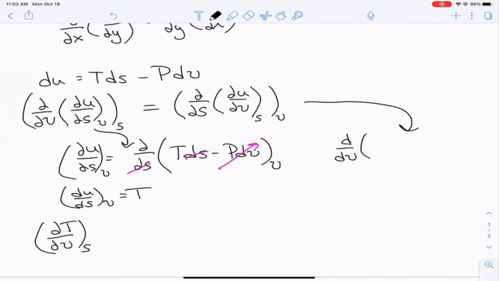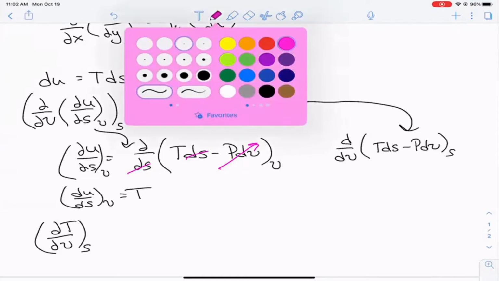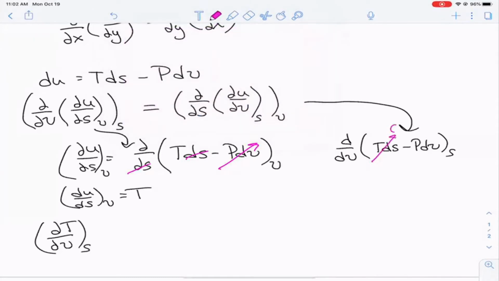So then this is TdS minus PdV, except this time we're doing it at constant entropy. And just like in the previous part of the problem, at constant entropy, dS is 0.